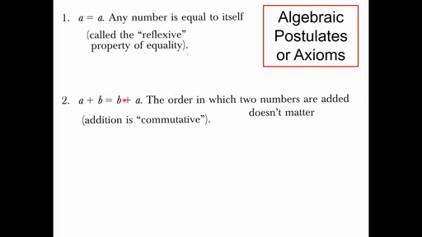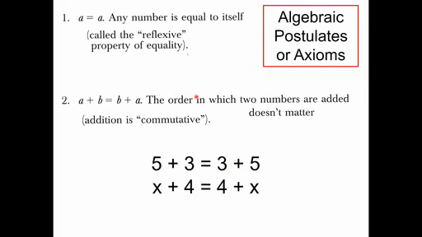So a plus b is equal to b plus a. My commute to work and back yields the same distances. So the commutative property, find a way to keep that straight. The order doesn't matter. In numbers, there would be an example. Those two sums are equal. You throw a variable in there and it doesn't matter. x plus 4 equals 4 plus x.